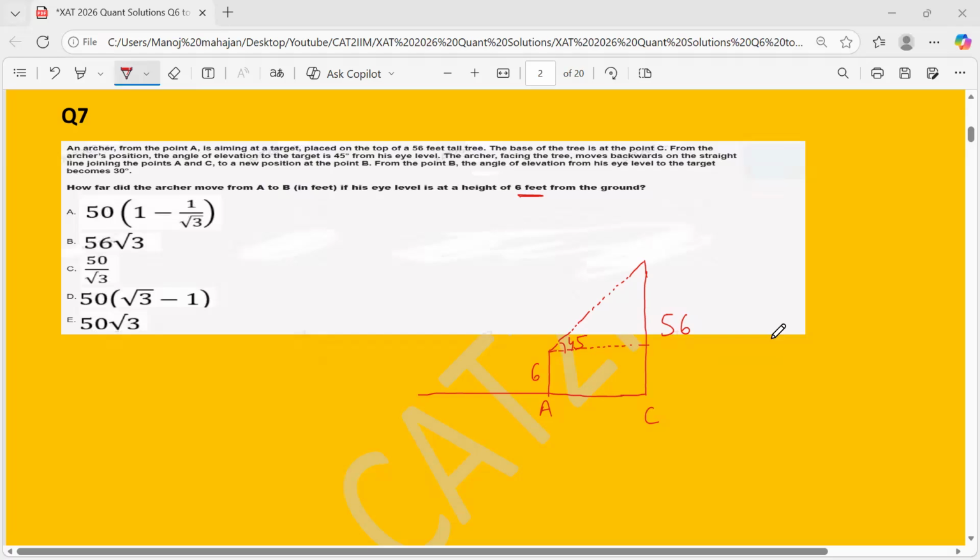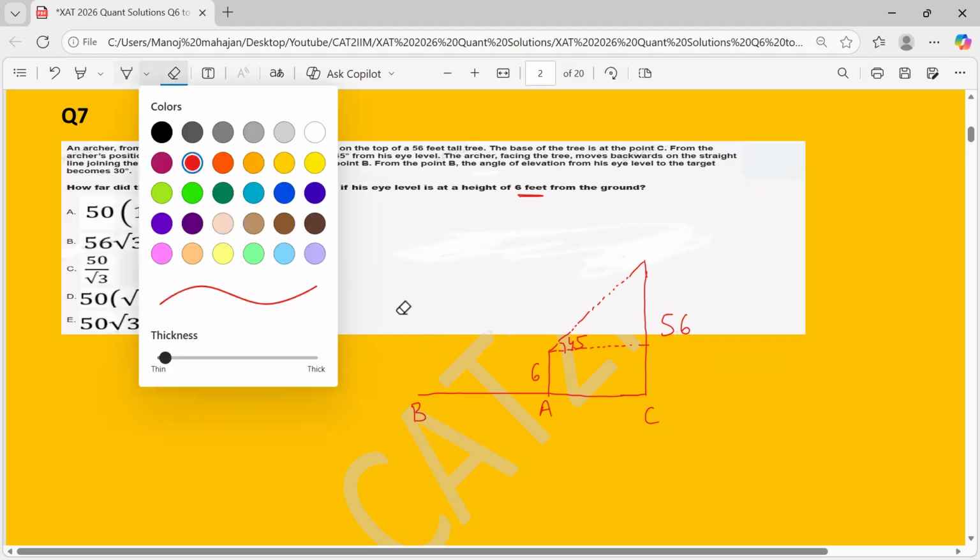Now the archer facing the tree moves backward on the straight line joining the points A and C to a new position B. Let's say this is the position I have. Now from this point B, the angle of elevation, if I look again, we have to make it at the eye level out here. So 6 feet we have.